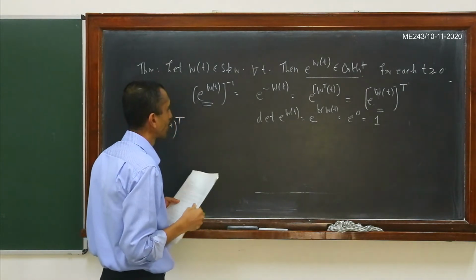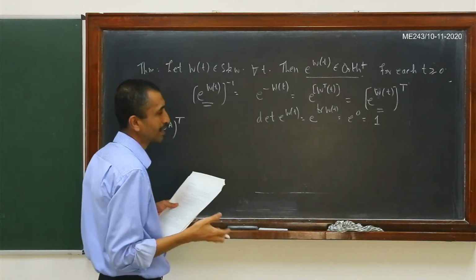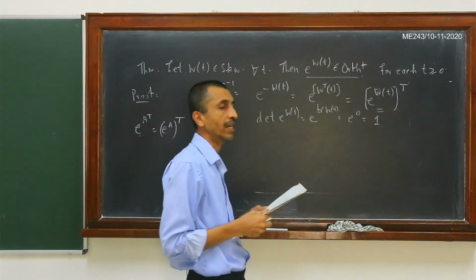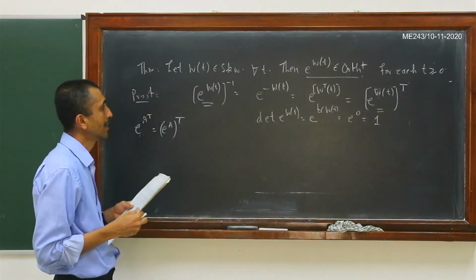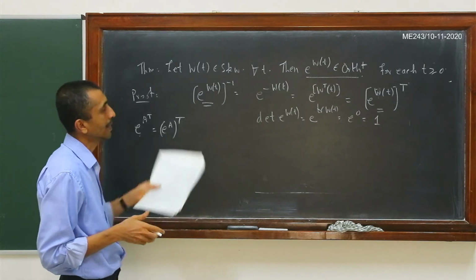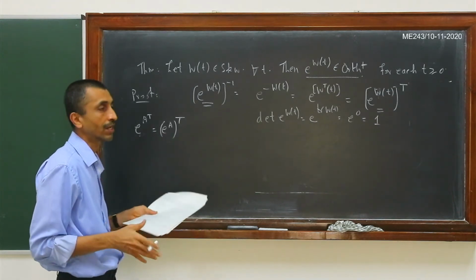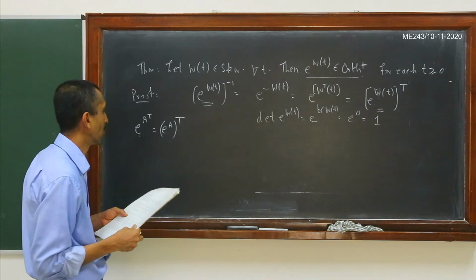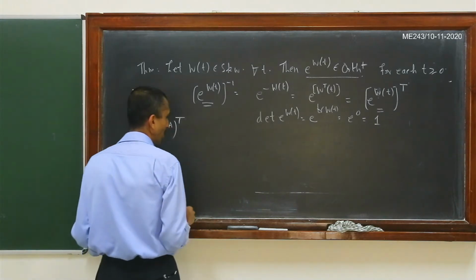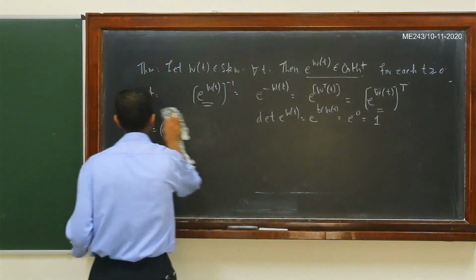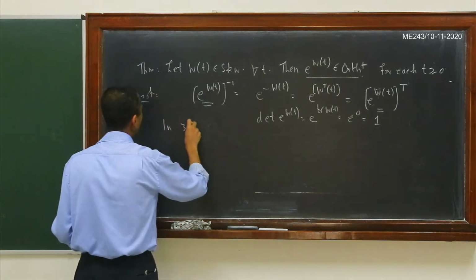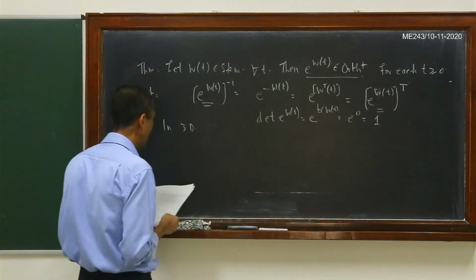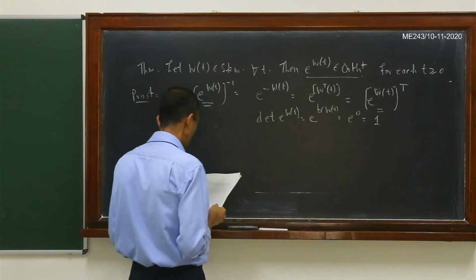Fine. So our interest again is mostly in the three-dimensional case. In the three-dimensional case, this e to the w of t can be given a very nice explicit formula, which is known as the Rodrigues formula. So let us look at that formula now. In 3D, we will use the Cayley-Hamilton theorem.